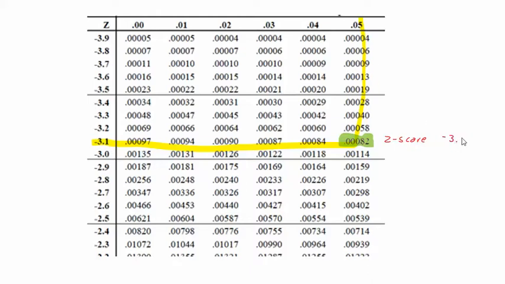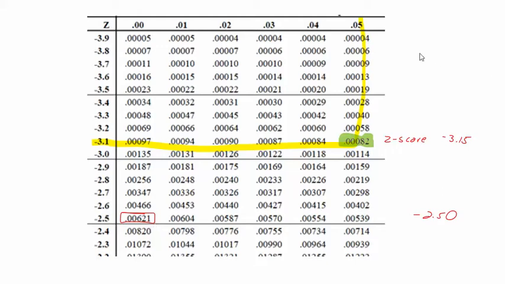These are the ones, the tenths, and the hundredths. Now remember, our z-score was negative 2.5 or negative 2.50. So we go negative 2.5, and then the hundredths place is 0. So this is our percentile for our z-score right here. Does that make sense?